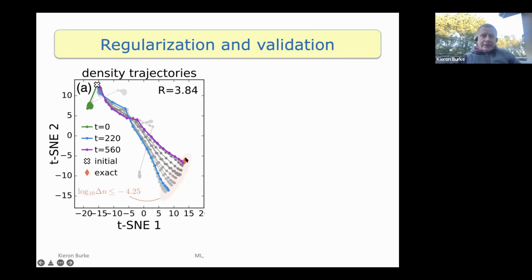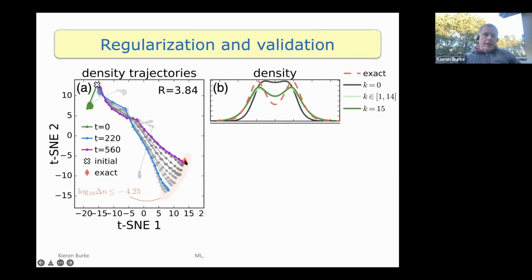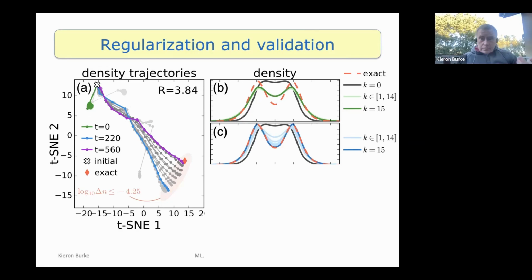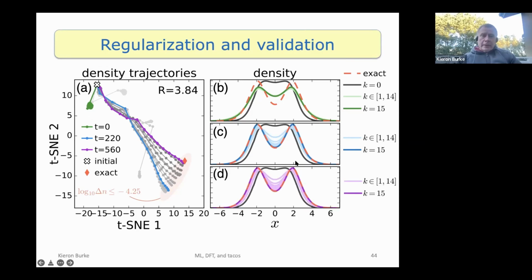Now here's the exact density in this representation at a stretched configuration, and you see this blue one here is sort of the one that doesn't overfit. This is the first one, and it's pretty bad. Then the blue one gets you, looks like the exact density, but if you keep going, this purple one is even much more accurate, but the trouble is you've now sort of overfit the density, and in fact you'll get bad energies. So we need a validation point to be able to pick out the place where we're just right.